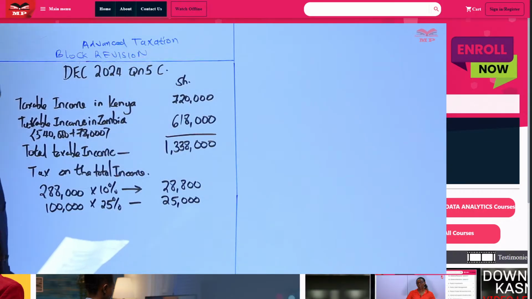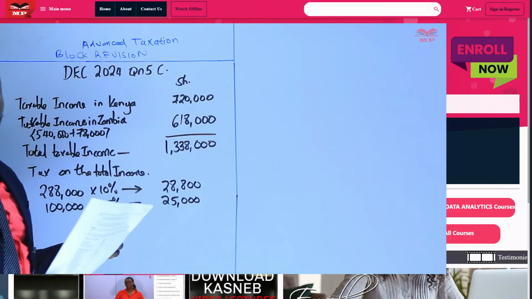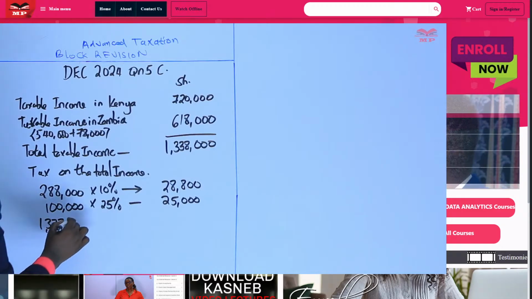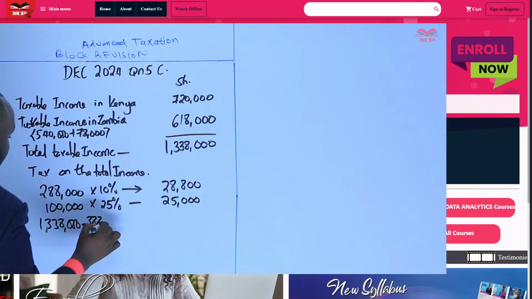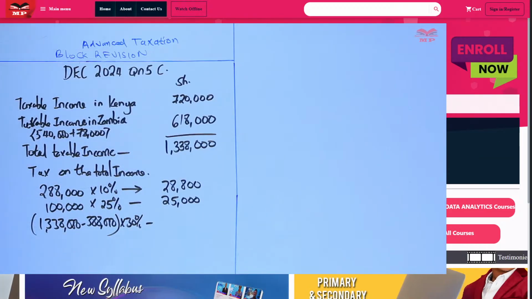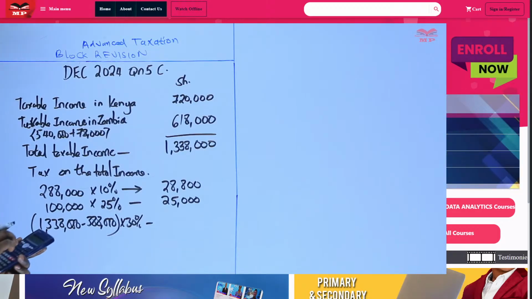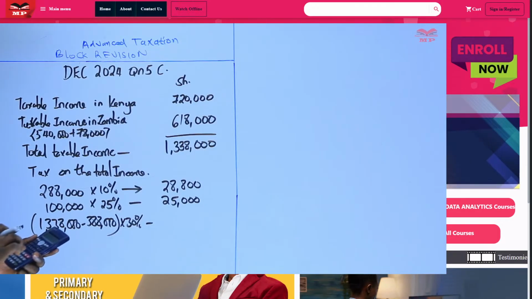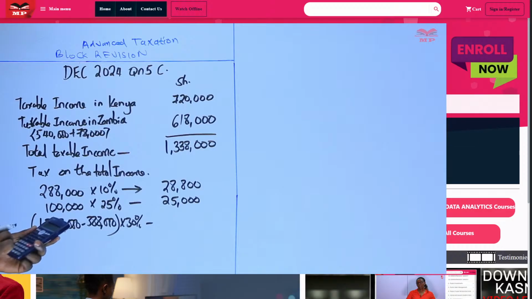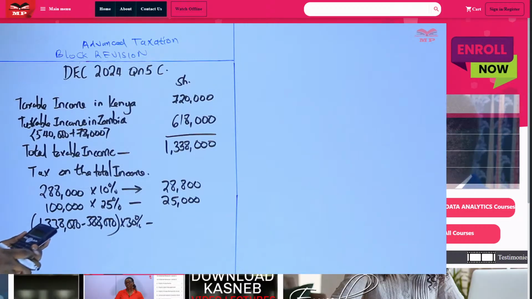We're being told that the excess of 388,000 up to 6 million, we tax at 30%. So we take 1,338,000, we less 388,000.